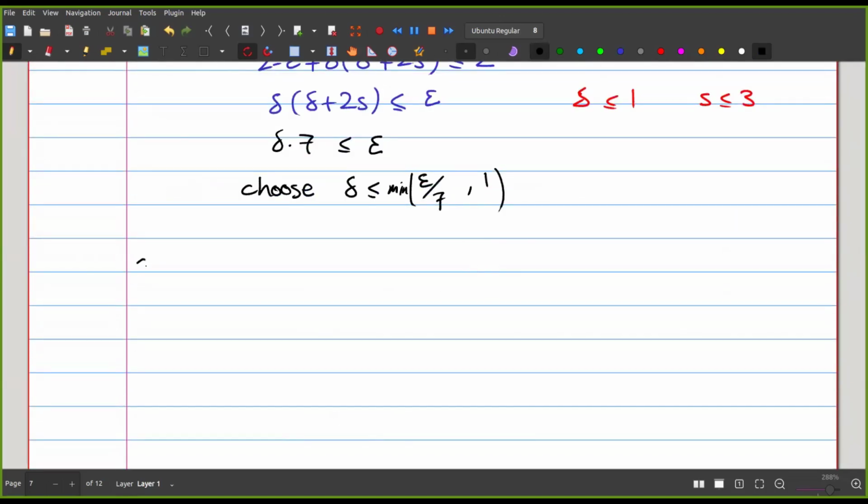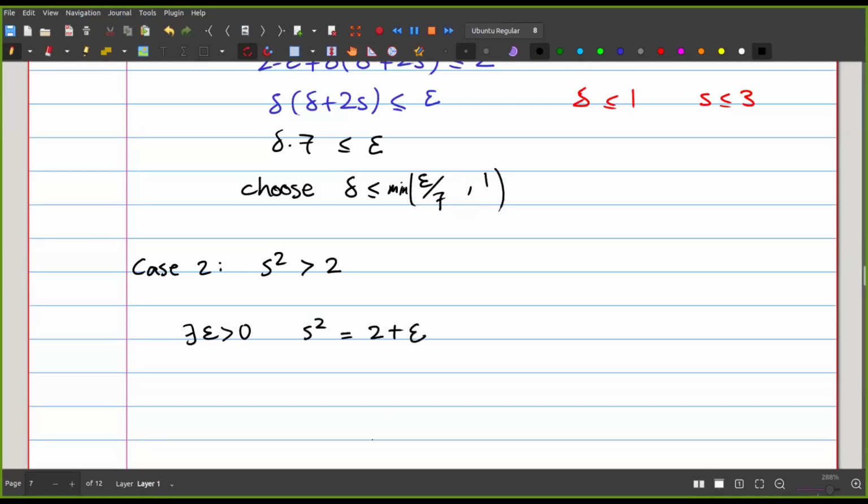Let's do case 2. I need a contradiction in this case as well. I want to say in this case that S squared is actually bigger than 2. So again, it means that there exists some epsilon greater than 0 such that S squared is 2 plus epsilon. And by the way, all of these epsilons and numbers that I'm using here are all rational.